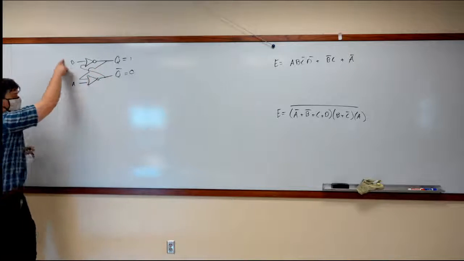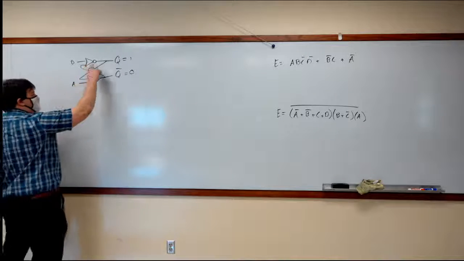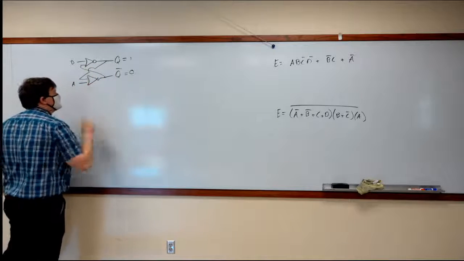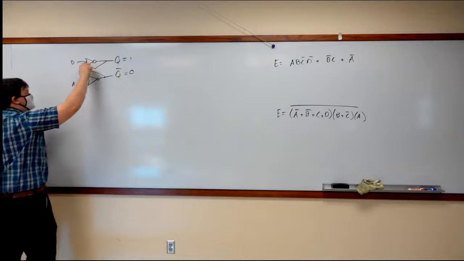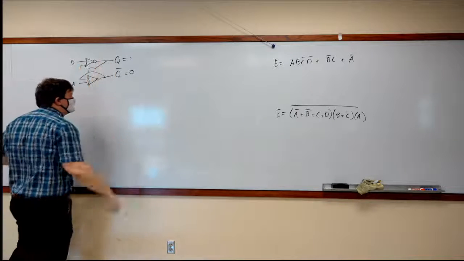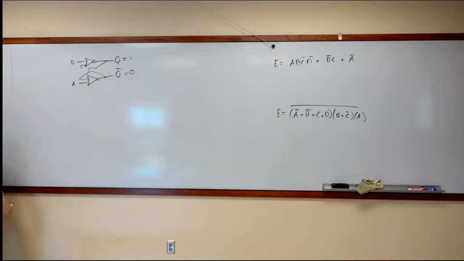A and B are both equal to 0. So we have a 1 goes into here, produces a 0. We have a 0 that goes into here. This is also 0, that produces a 1. It is now self-sustaining. As long as A and B are both 0, that system remains at Q equals 1, Q naught equals 0.